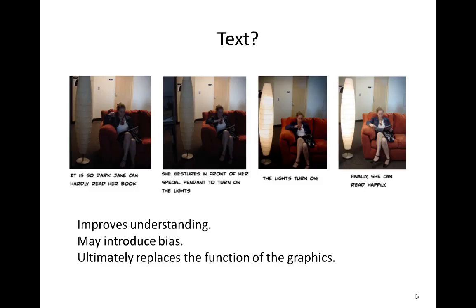So certainly text can improve understanding, but they suggested that text can also bias how you think about the picture and what people are doing. If it's incorrectly written, or written from a particular perspective perhaps, it may influence your understanding of the story. So it can introduce bias.